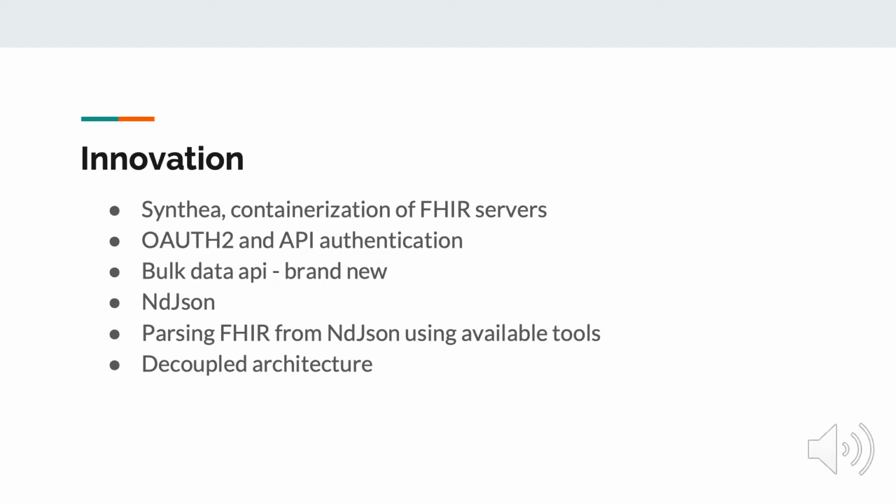Once we got into the implementation of the spec, there was another bunch of firsts. We were the first to have to deal with NDJSON FHIR response formats. Traditionally FHIR is JSON or XML. This is NDJSON, newline delimited JSON, so each line of the file you download is a FHIR resource in JSON format.